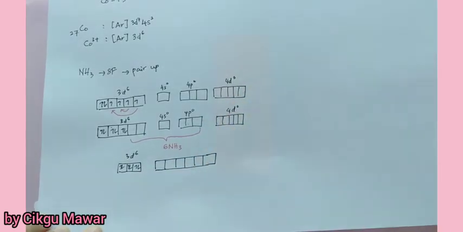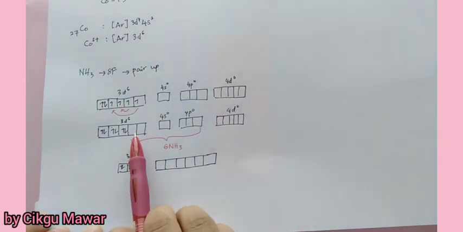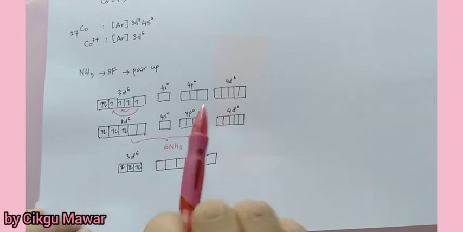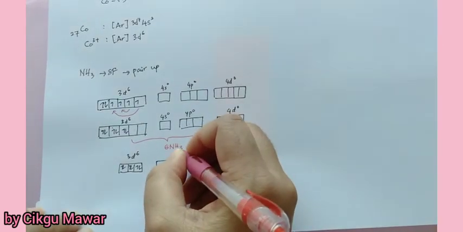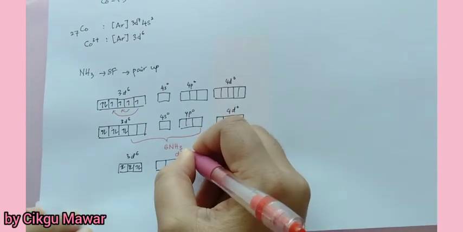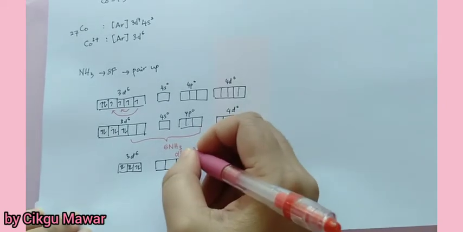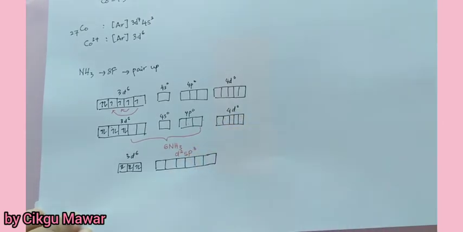This kind of orbital involves d orbitals, an s orbital and p orbitals. So now we have d2, s and p3. So d2sp3 is the kind of hybridization.